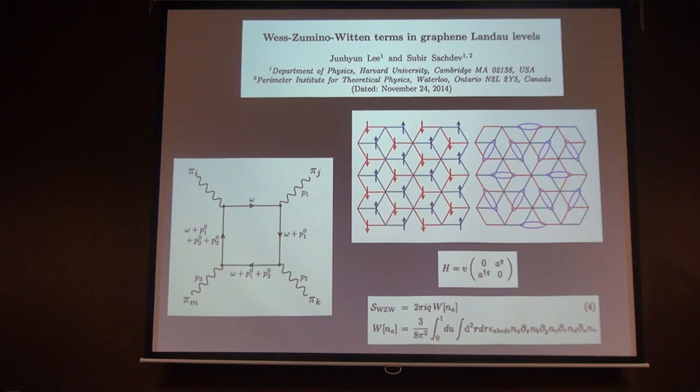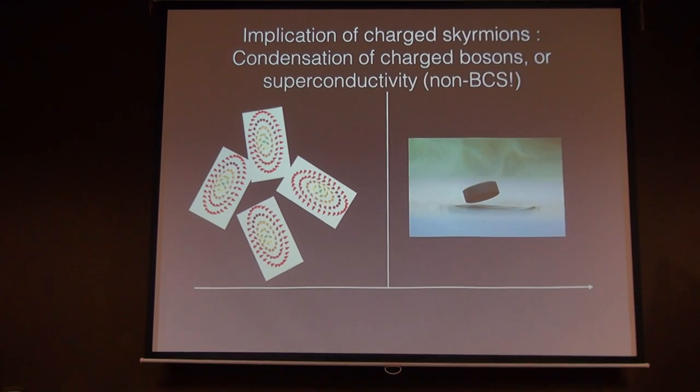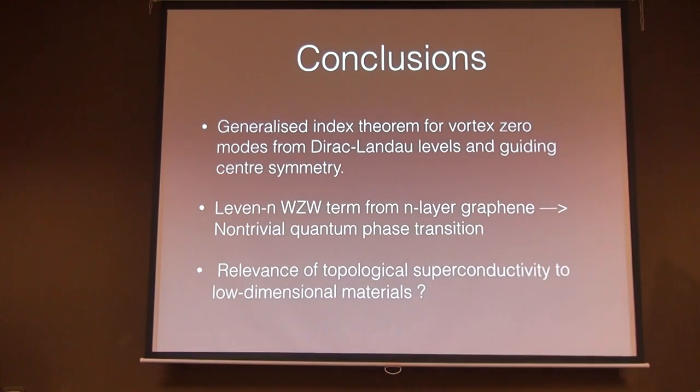Any more questions? Yes, please. In your last slides, I'm wondering if we think about this skyrmion carrying non-trivial topological charge, is it still a boson or does the statistics change?